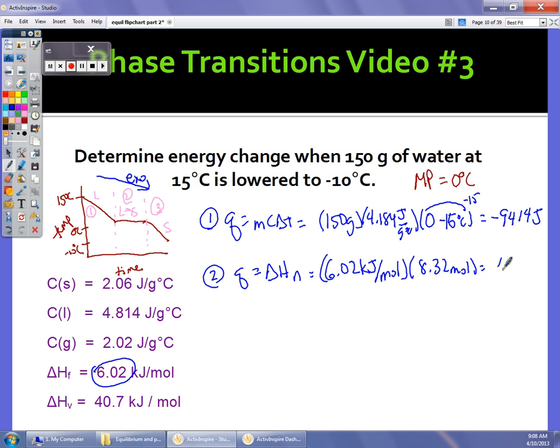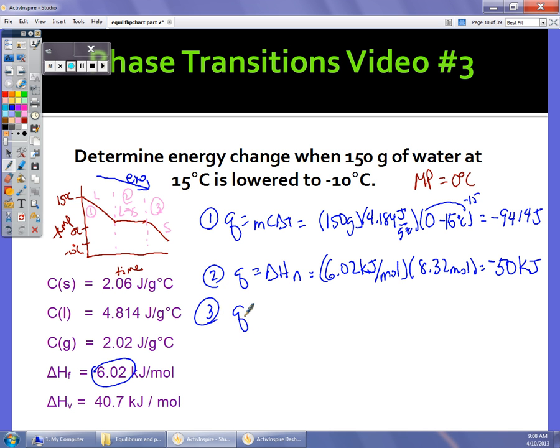And you should get a number of 50 kilojoules. Now the problem here is that these numbers here are used for going solid to liquid and liquid to gas. So unlike in number 1, you need to figure out the phase change and you need to figure out if it's a positive or a negative value. Since I'm becoming the solid, it's going to be a negative.